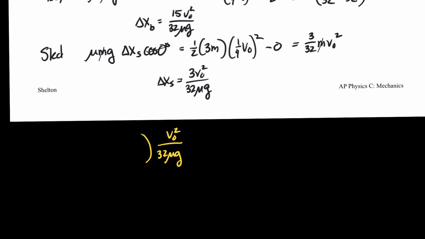But I have here 15 minus 3. We're subtracting this one from this one. We're just doing arithmetic now, but this is going to be 12. And 12 and 32, do they share a common factor? 4, right? So that will be 3/8.